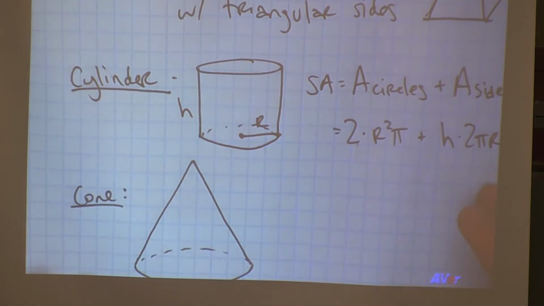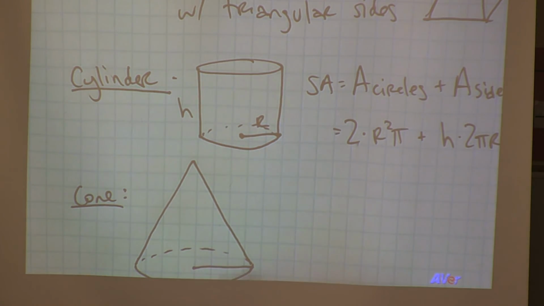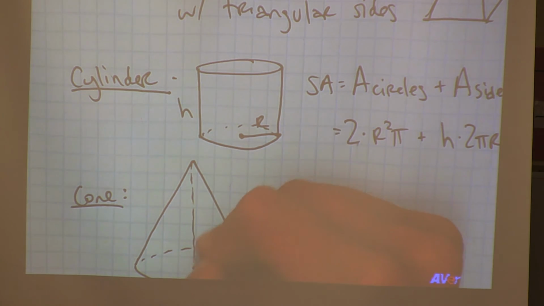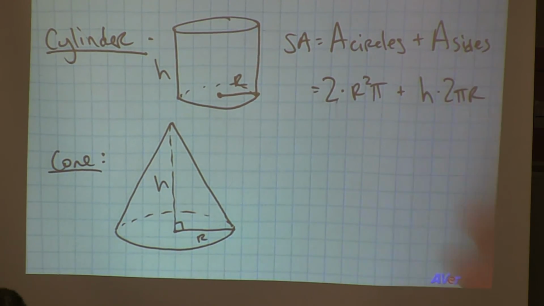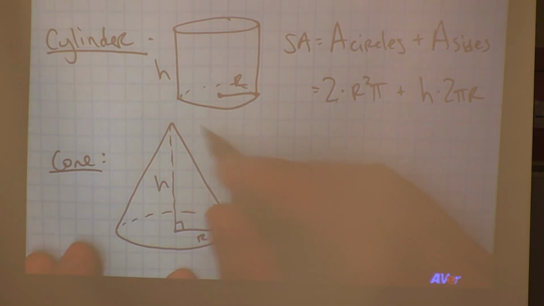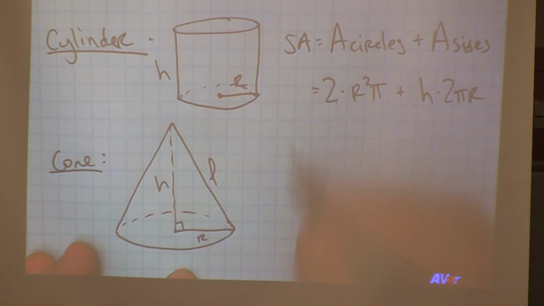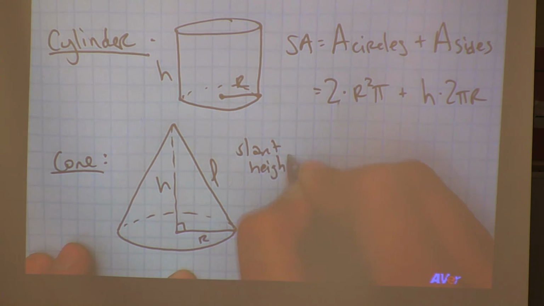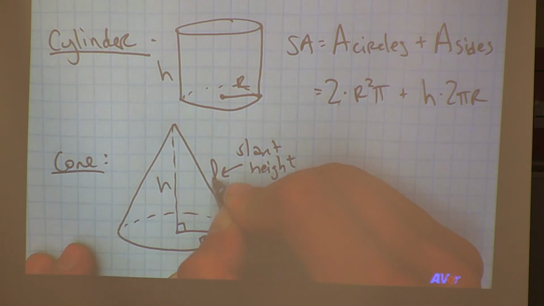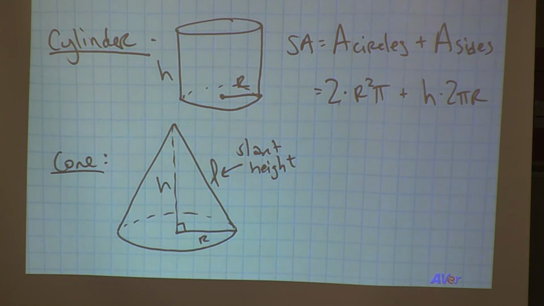Your cone drawing skills are going to get baller. Cones have a radius and a height as well. And the surface area for the cone has a height, and it has this L, which we are going to call the slant height. And I need you to notice the difference between the height and the slant height.